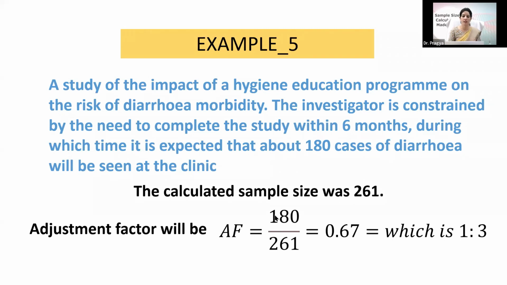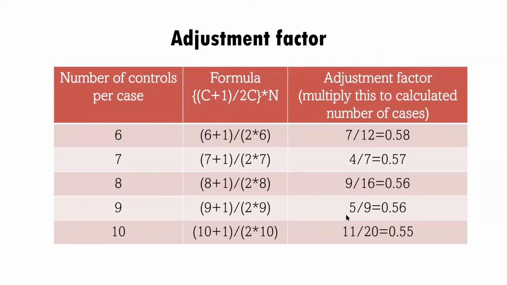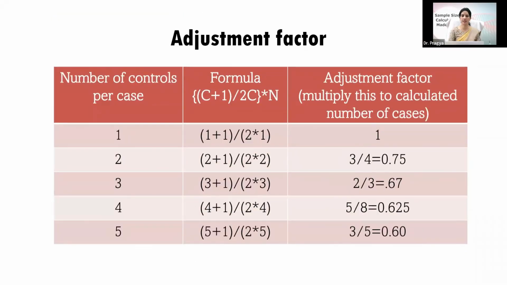In that case, for the adjustment factor, you have to divide the available sample size by the ideal sample size. That will give you the adjustment factor. And then you refer to this table. An adjustment factor of 0.67 says that you should take 3 controls. So if you take 3 controls, you can reduce the number of cases by 67%.